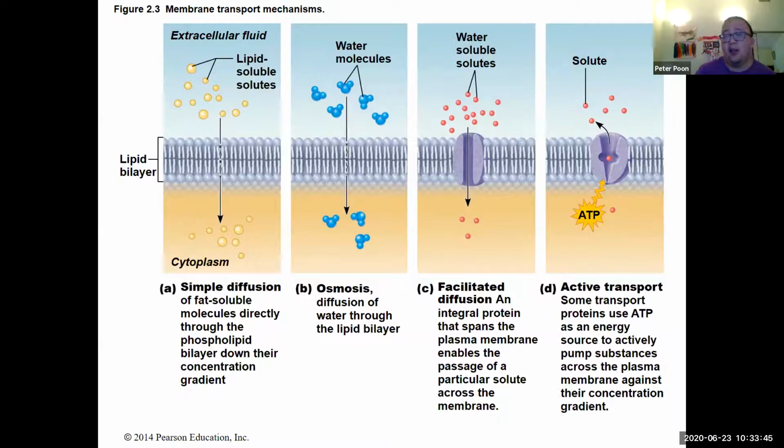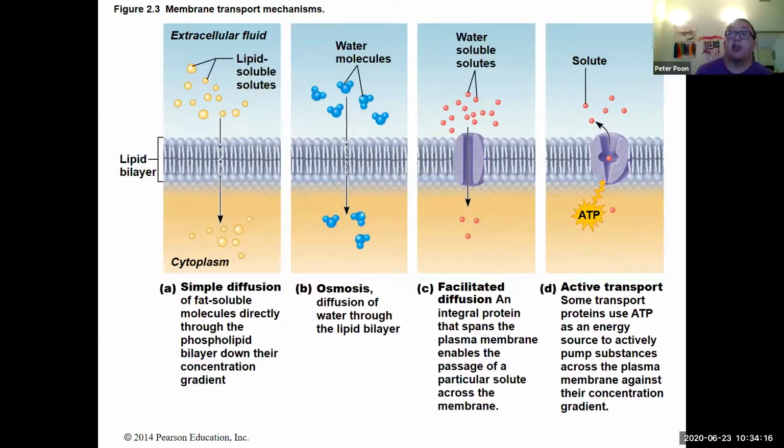The green dots will be a different size and shape and won't be able to pass through this hole. So in facilitated diffusion, you're still always doing one big thing, and that's moving from high concentration to low concentration.